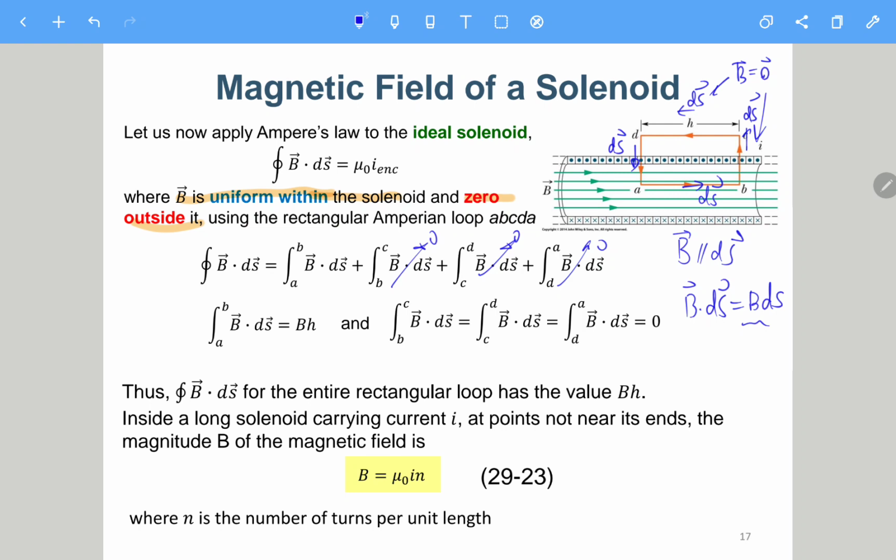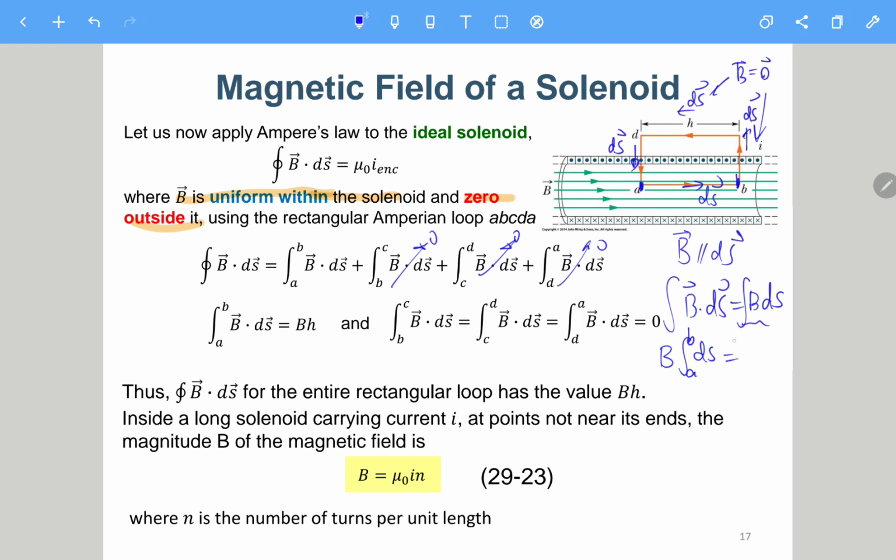So we can put it outside the integral. It becomes B times the integral of ds from A to B, which is nothing but the length from A to B. Here we assume that the width of the rectangle is h.